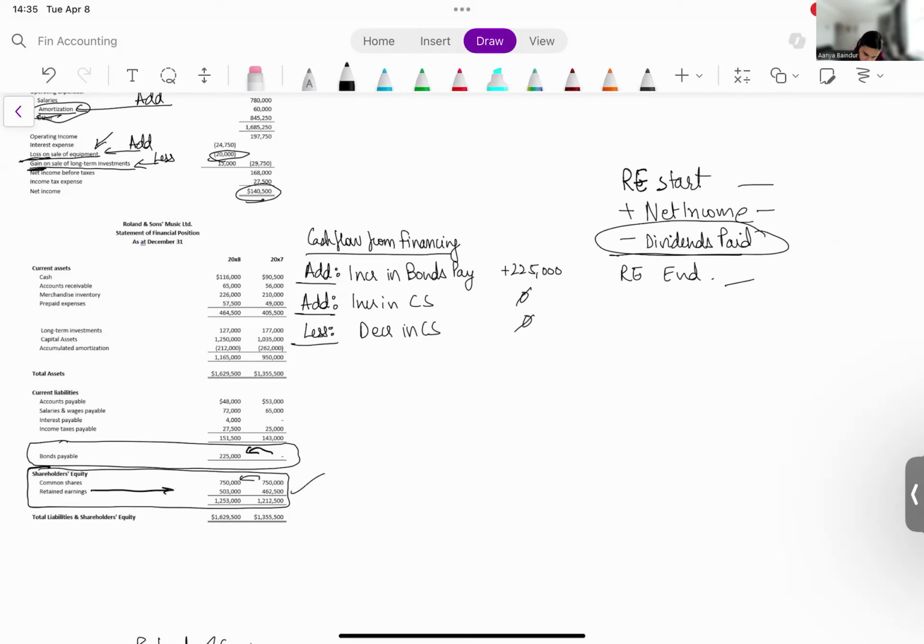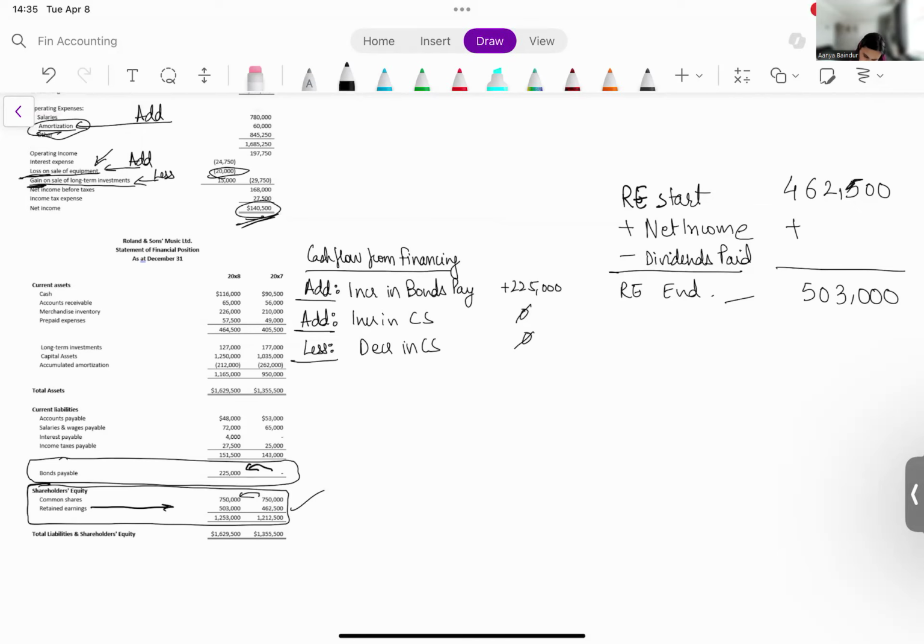Retained earnings went from 462,500 to 503,123. Now net income, how much are we adding in? The net income here is 140,500. And there's the dividend paid, which we have to find.